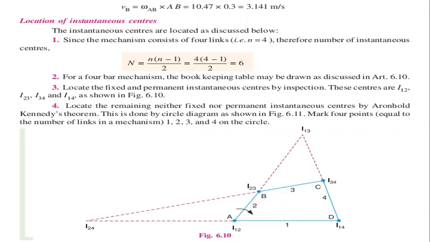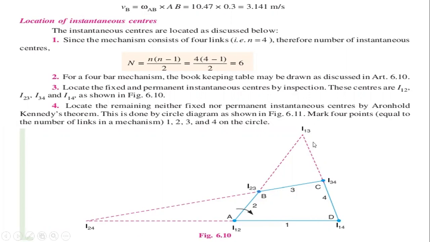Now we are going to extend these lines. Already in this quadrilateral, it has 2 instantaneous centers. In this line, we are going to locate the center. And in this triangle also, we have 2 centers. We are going to locate these. From this Kennedy's theorem, we can take any 3 centers.